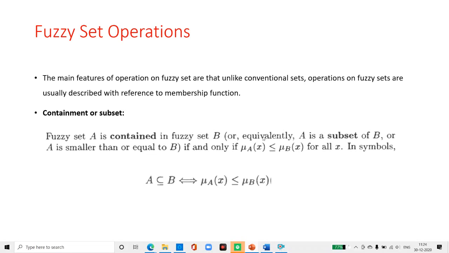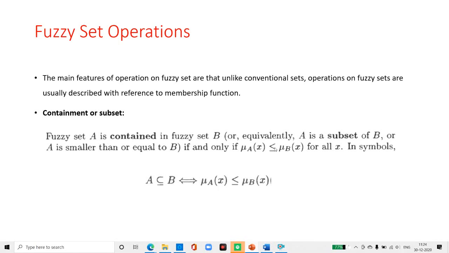If A is a subset of B, then the membership function mu of A of x is always less than or equal to mu of B of x for all x. Clear?